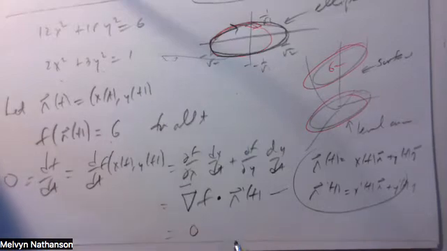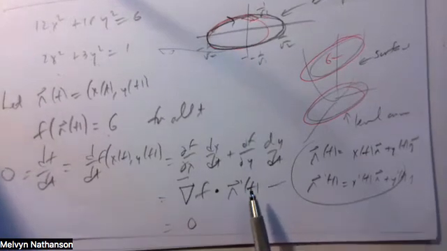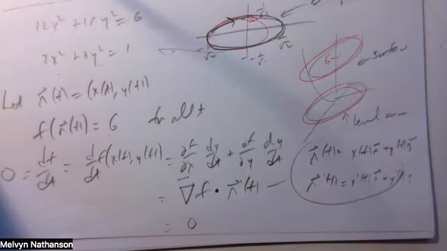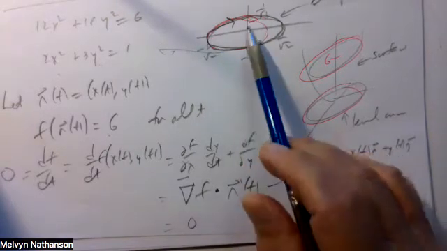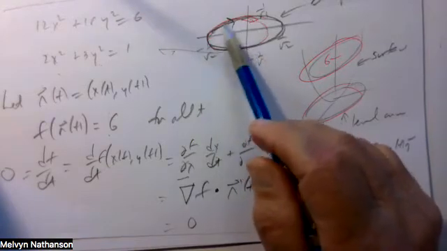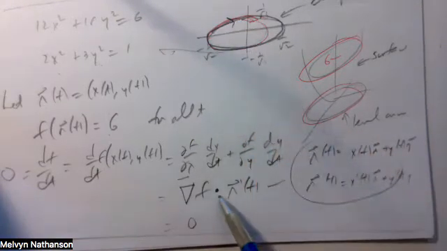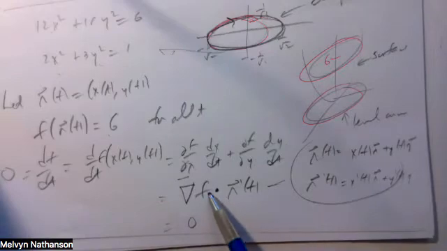Equals 0. So whenever you have a level curve, if you parameterize it by some function r, the tangent vector is always perpendicular to the gradient of the function. So the gradient of the function always points in a direction perpendicular to the tangent vector.